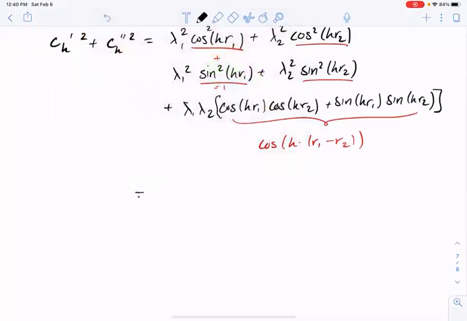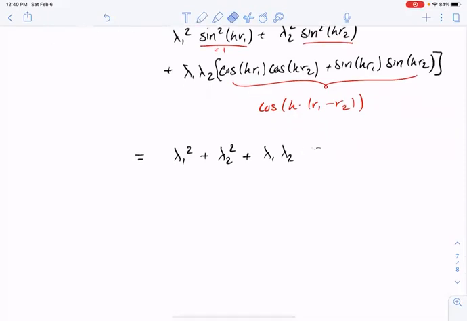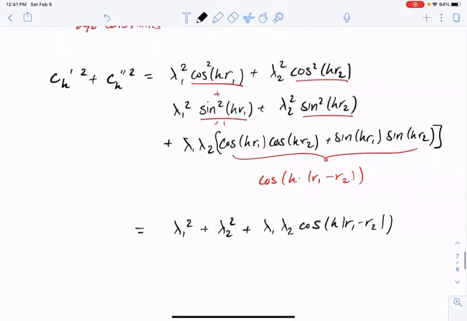So bringing this all together, we have lambda 1 squared plus lambda 2 squared plus lambda 1, lambda 2 cosine k dot R1 minus R2. And cosine's an even function, doesn't matter if we look forward or reverse. That really simplifies our analysis.